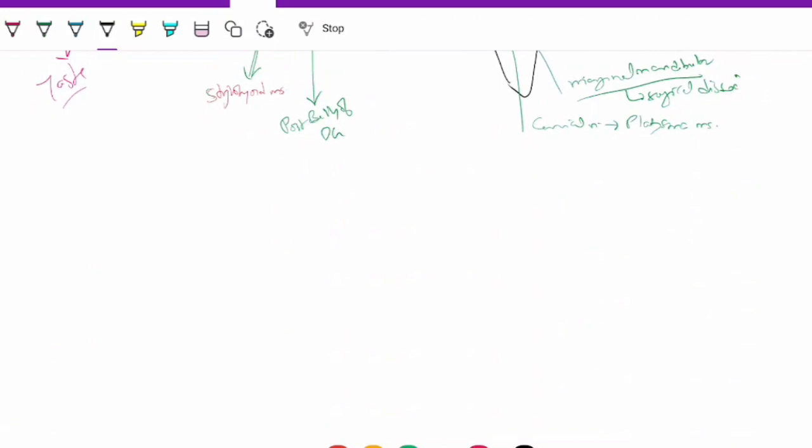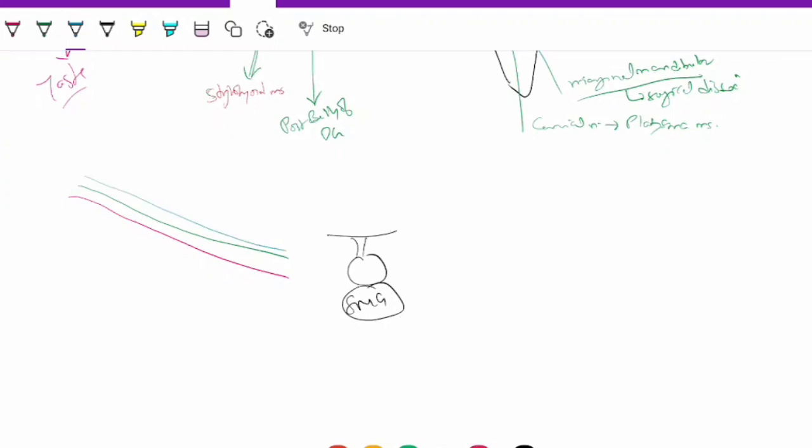Chorda tympani travels forward and it goes to a ganglion known as the submandibular ganglion. And it goes along with a friend of its known as the lingual nerve, and it does two jobs.